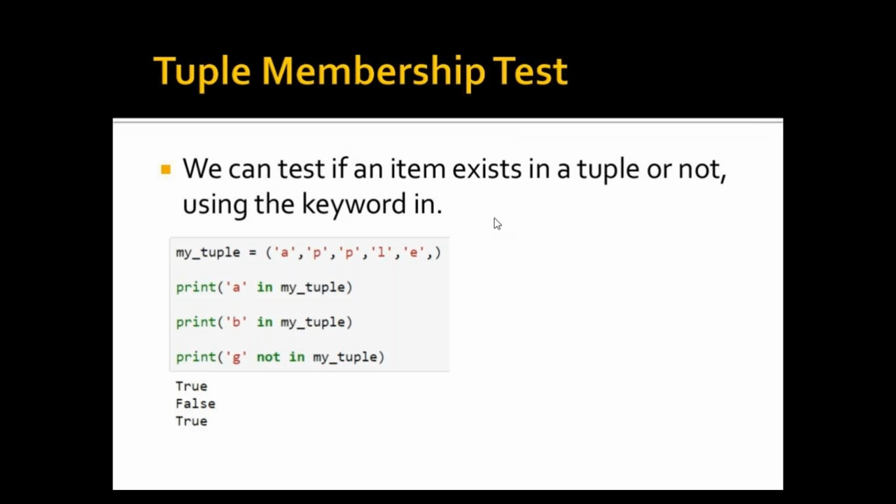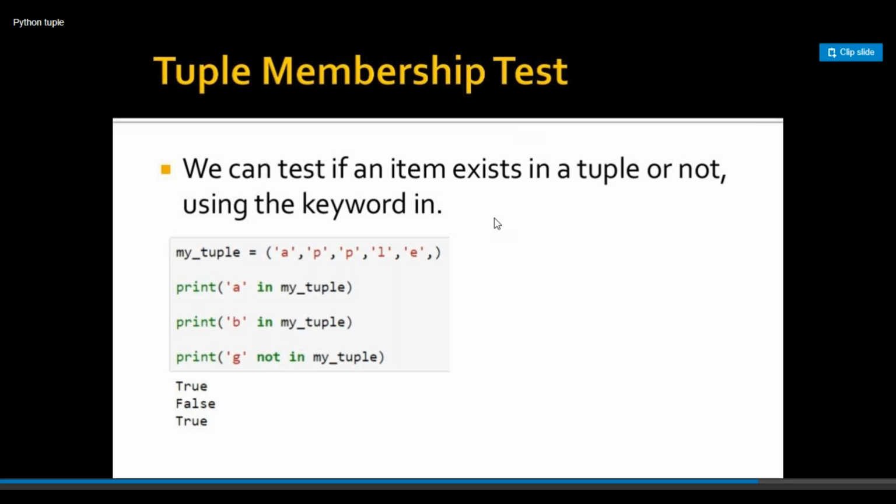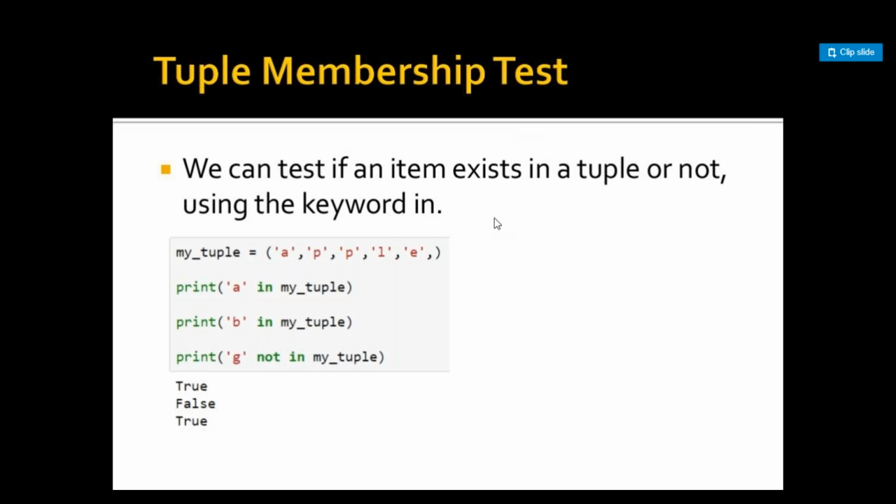Next, tuple membership functions. How many membership functions are available? There are 2 kinds: one is in, another one is not in. While writing any membership or iterative functions, or selective statements, the resultant would be either 0 or 1, or true or false, which indicates Boolean expressions.